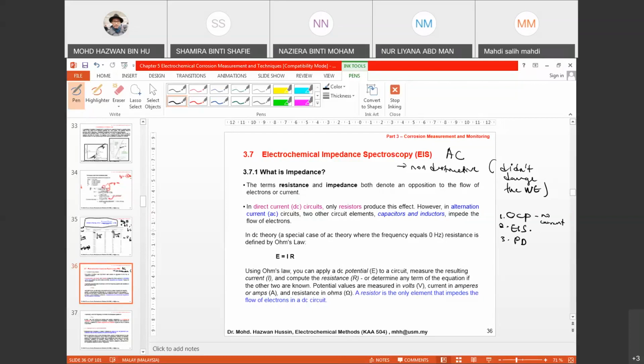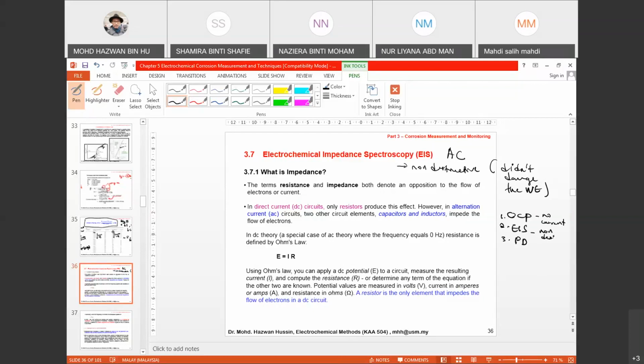EIS is a non-destructive process. And lastly, PD will be the destructive one. So if you do this kind of sequence, you can get three data at one time for one type of sample or one type of run.